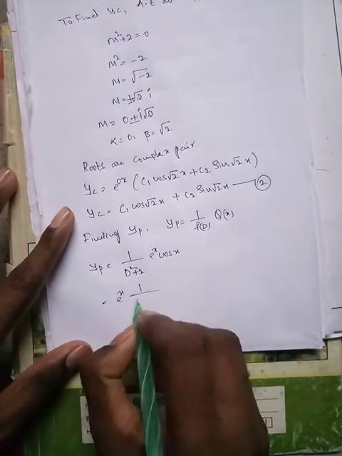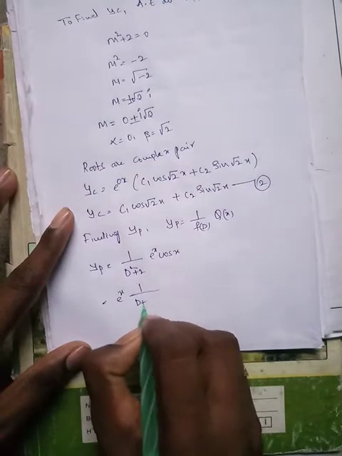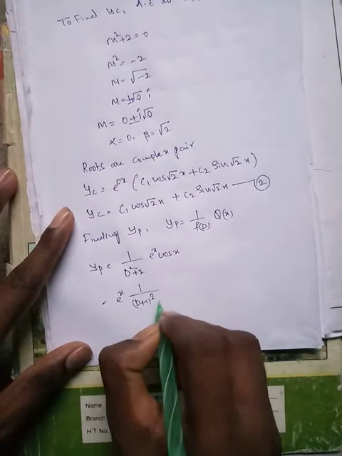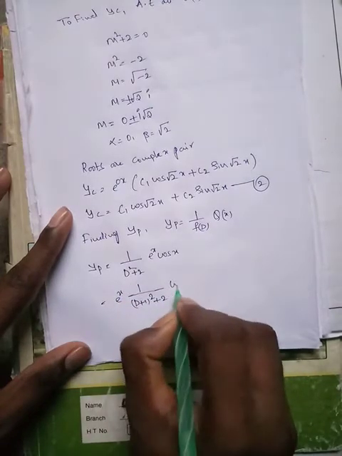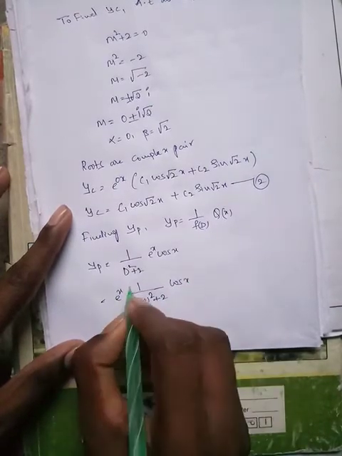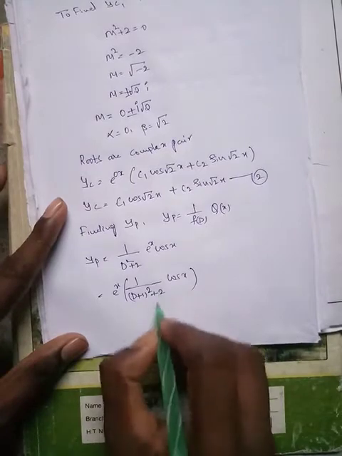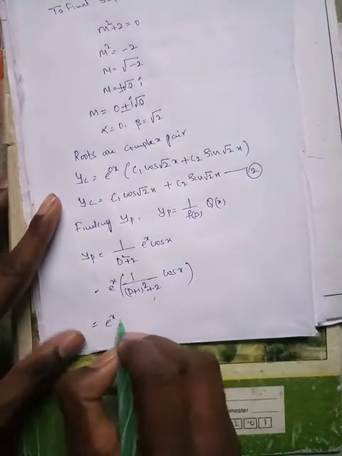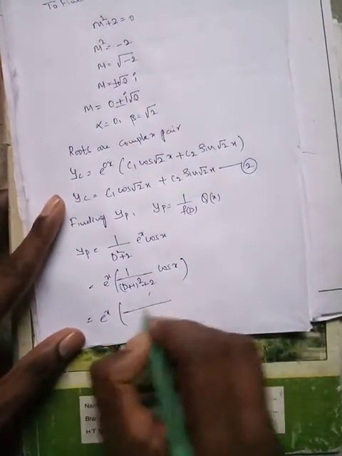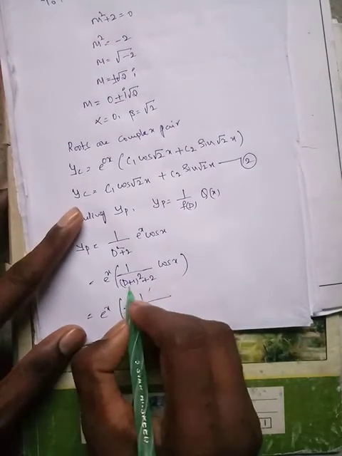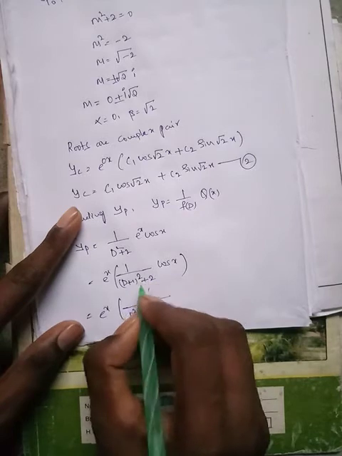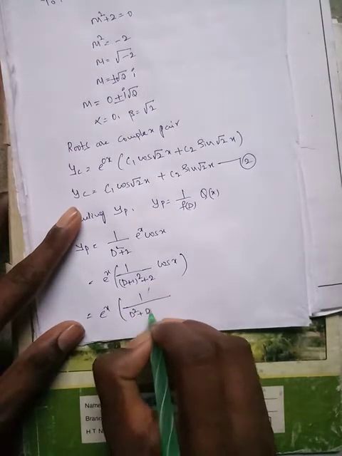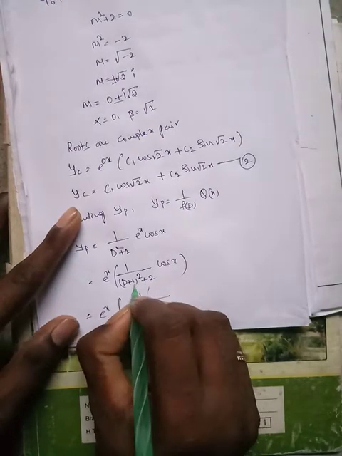In the place of D, I need to write (D plus 1) whole square, and the remaining I am writing the same as it is, 2 cos x. Now I need to solve this with e power x as it is. If I expand this, I will get D square plus 1 plus 2D, so 2D plus 1 from this.